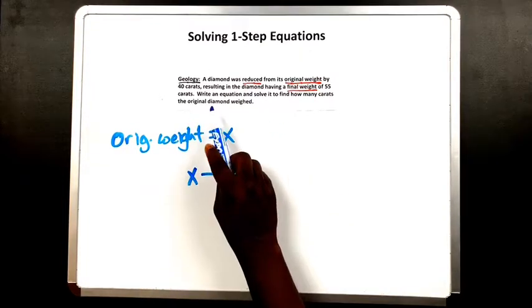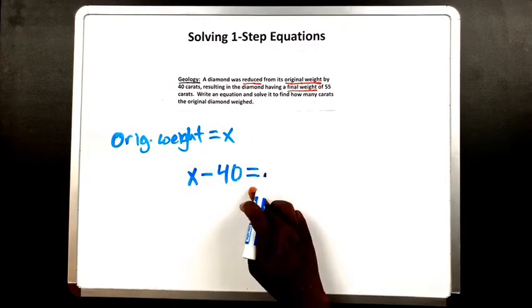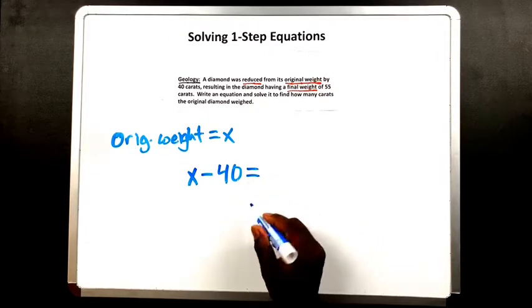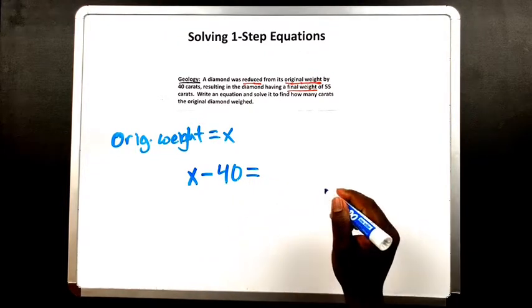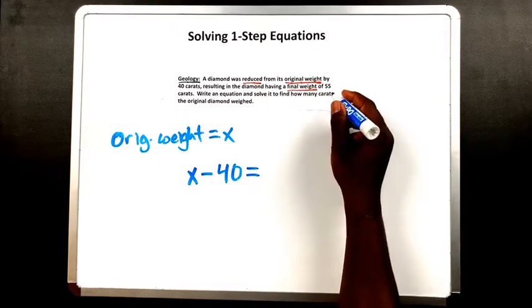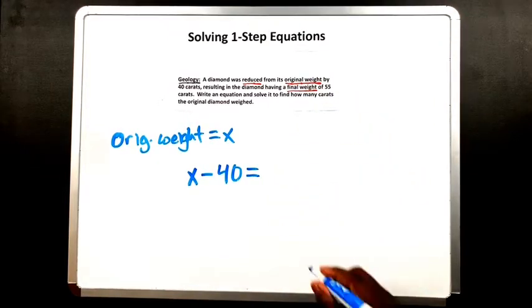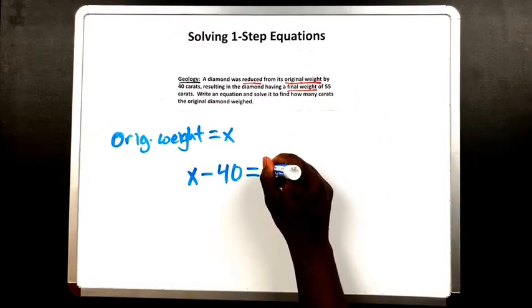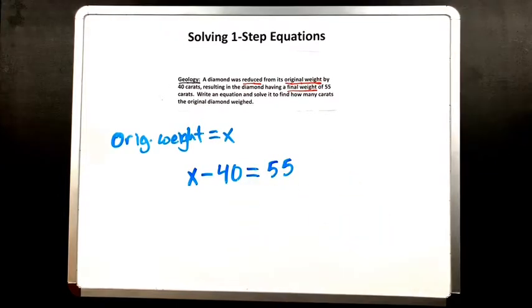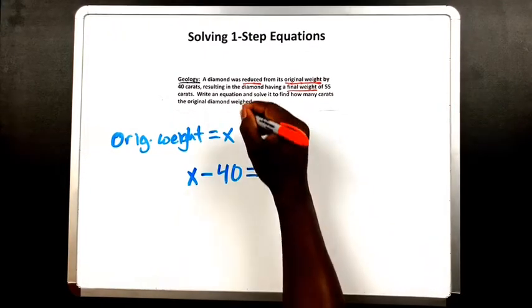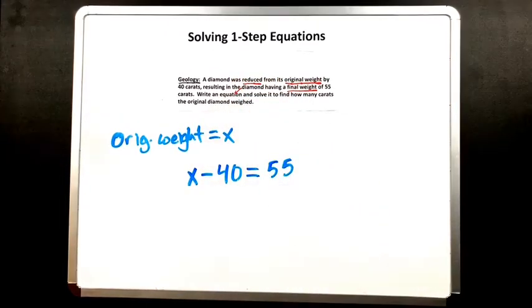All right, and it says resulting in, usually resulting means equal, resulting in the diamond having a final weight of 55 carats. They tell us what the final weight is, so resulting in 55 carats. Write an equation, we've done that, okay? So I'm going to put a check there because we've written an equation.